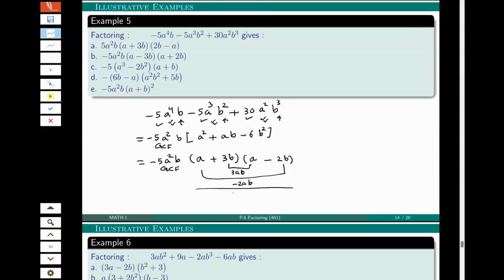And what's the total? It's ab, and that is equal to the middle. So first times first should give me first. Last times last should give me last, and inside plus outside should give me the middle. So that will be my factoring, minus 5a squared times b, a plus 3b, and a minus 2b.